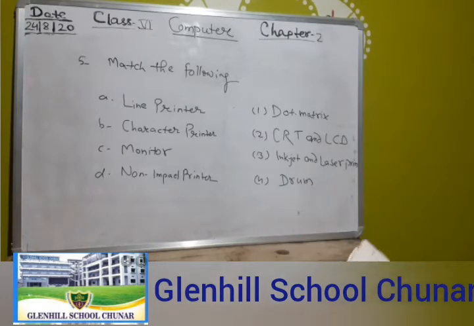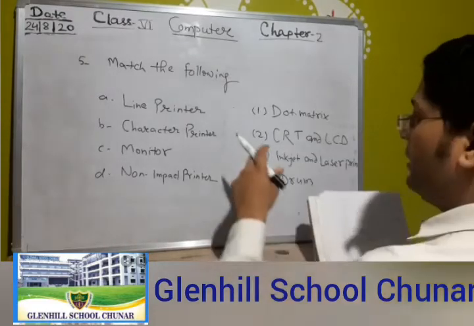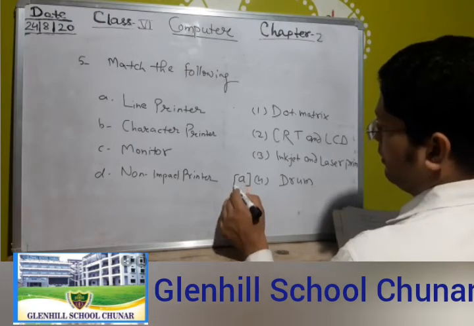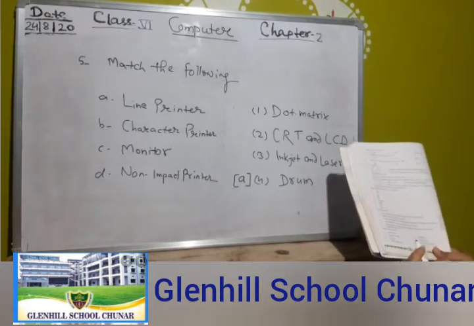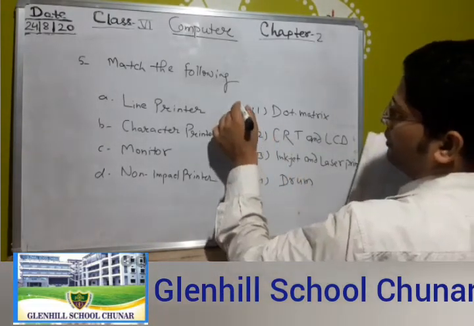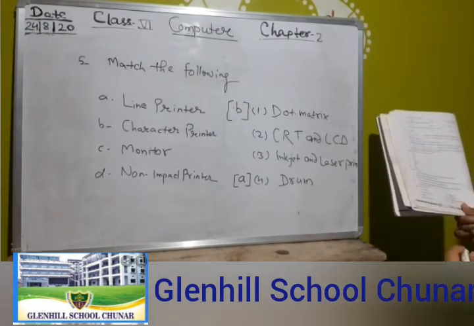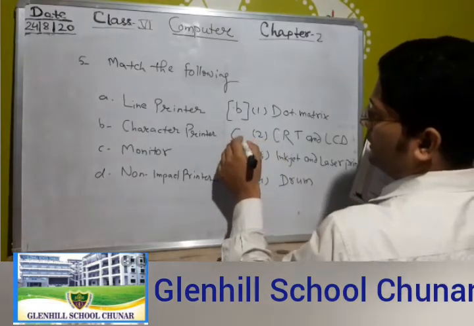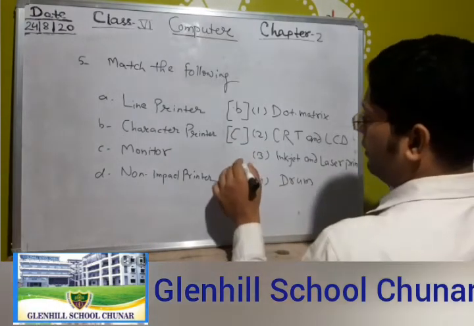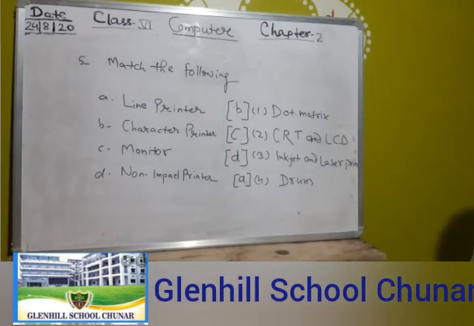Okay student, so that's line printer. Line printer uses the drum, so fill A. Okay, yes. And character printer, that's dot matrix printer, so answer of B. And monitor, that's C. Okay, and E. Okay student, clear?